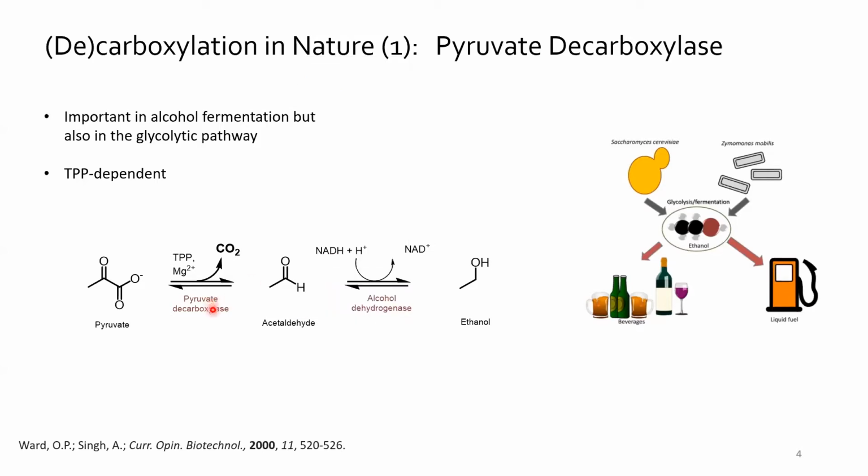And this is done by a TPP-dependent pyruvate decarboxylase, which means thiamine diphosphate dependent. And this acetaldehyde is formed, which is then reduced to ethanol by an alcohol dehydrogenase and NADH.